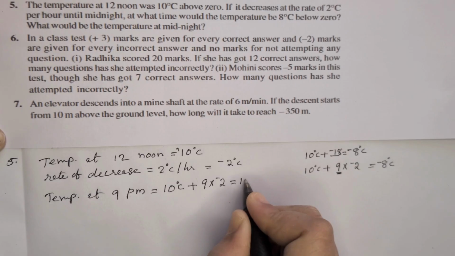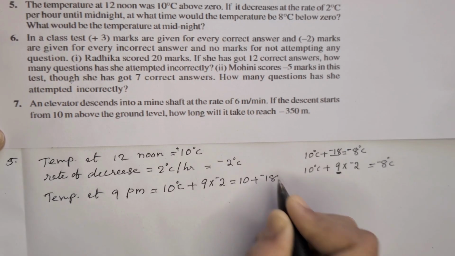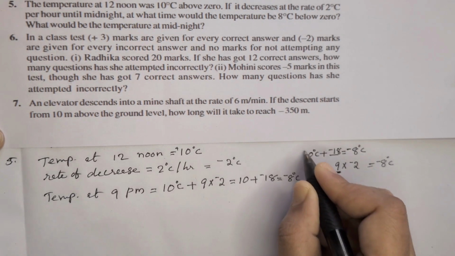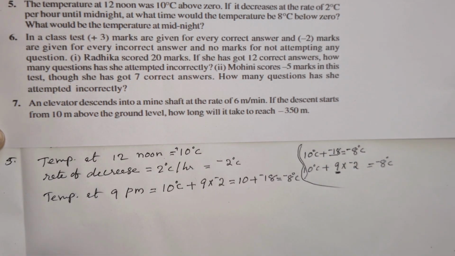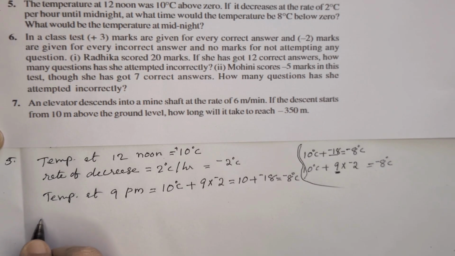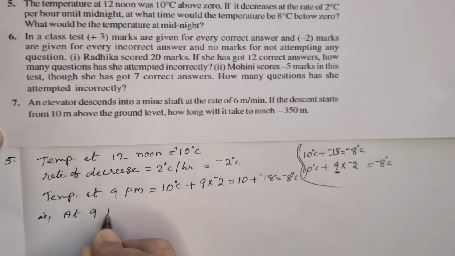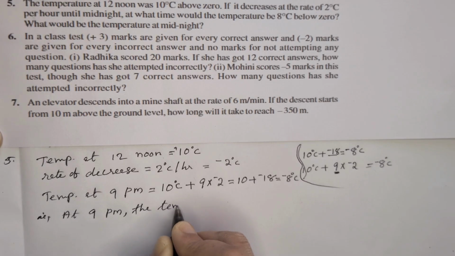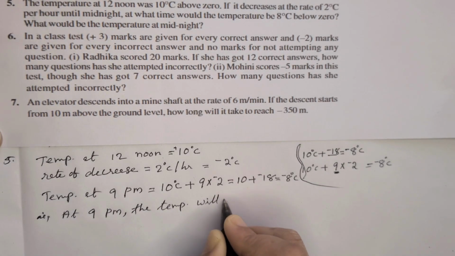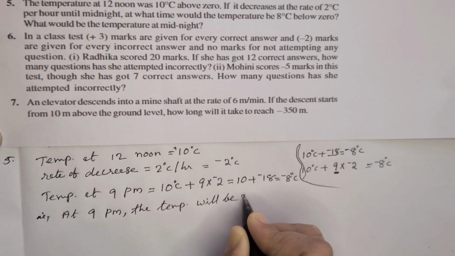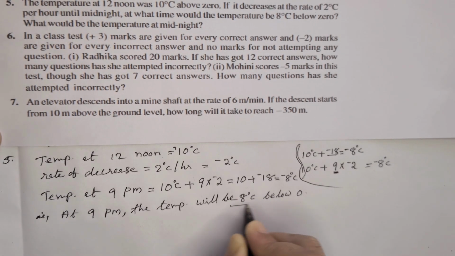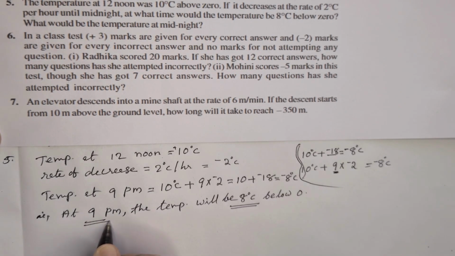It will come 10 degree plus minus 18, that is equal to minus 8 degrees Celsius. So we can write that at 9 p.m. the temperature will be 8 degrees Celsius below 0 at 9 p.m.